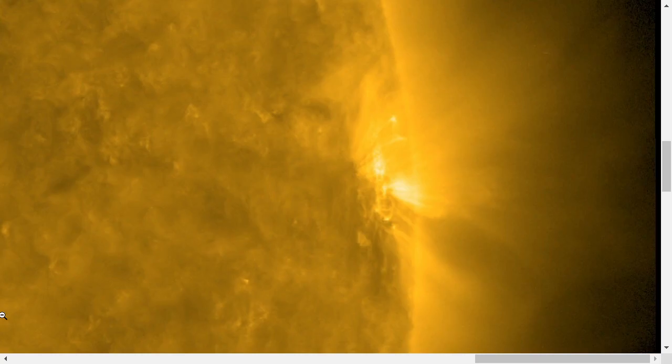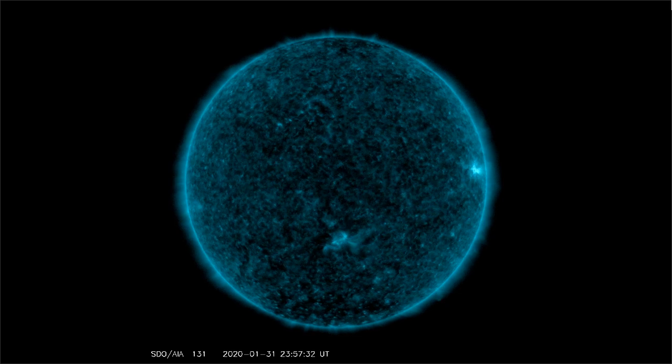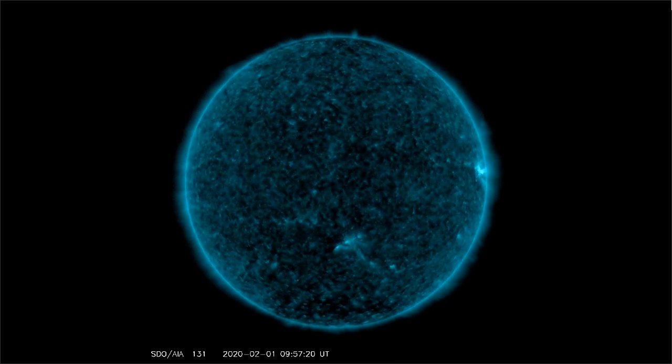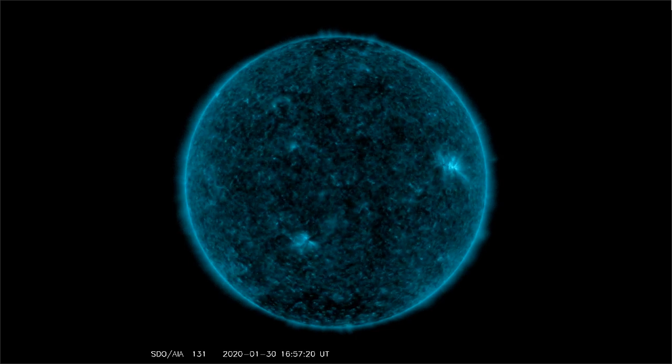Here's the gorgeous 171 angstroms view of sunspot 2757 as it sets. And last but not least, we've got the speedy 131 angstroms view as sunspot 2757 begins to set over the western limb. We are out.